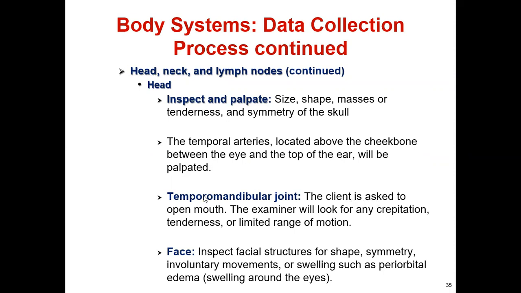Ask the patient to open the mouth. Examiner will look for any crepitation, any tenderness, or limited range of motion. Then we check the face, inspect facial structure for shape, symmetry, involuntary movements, or swelling such as periorbital edema.